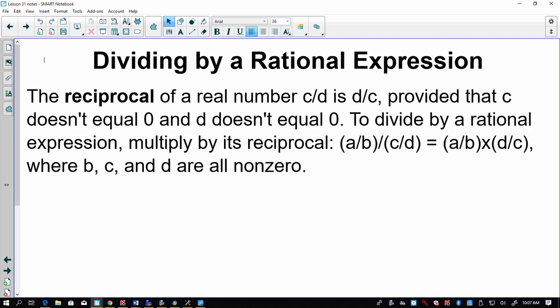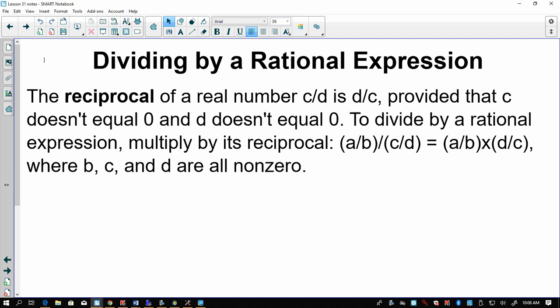If we're dividing by a rational expression, then what we're talking about is dividing by a fraction. We can't divide by a fraction, but what can we do? Multiply by the reciprocal. The reciprocal of a real number, say c over d, is d over c, provided that c doesn't equal 0, because if c equals 0, when I flip it over to the reciprocal, it's undefined.